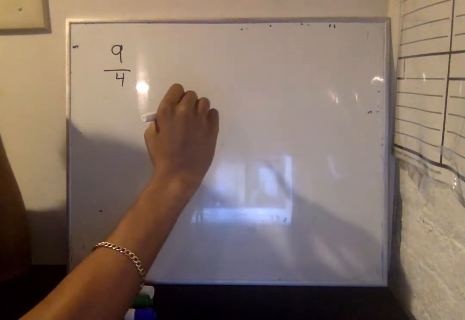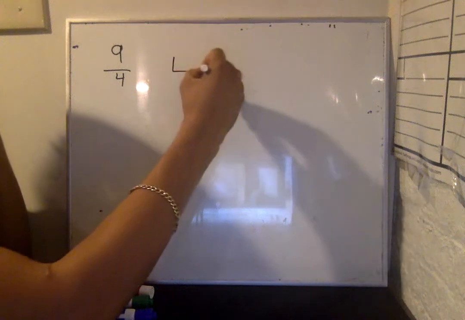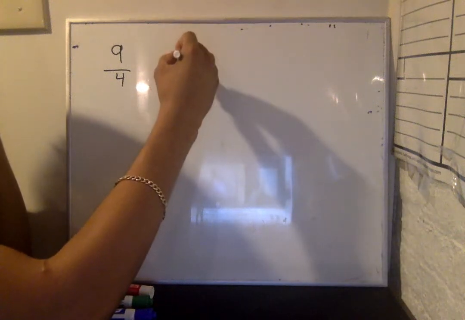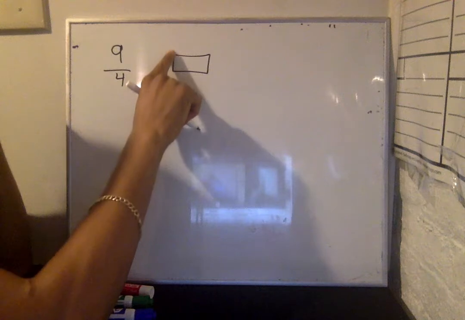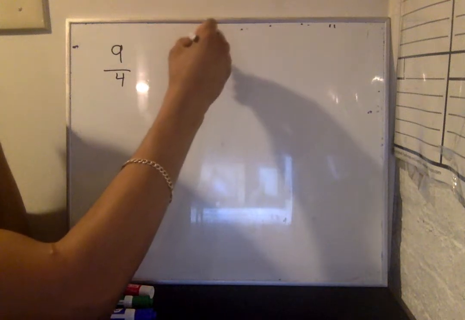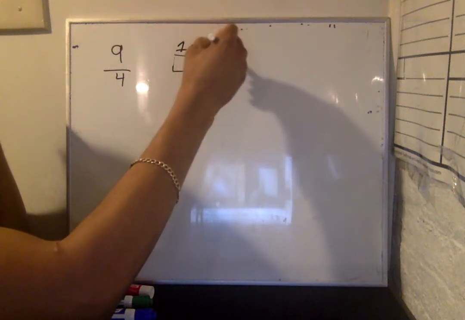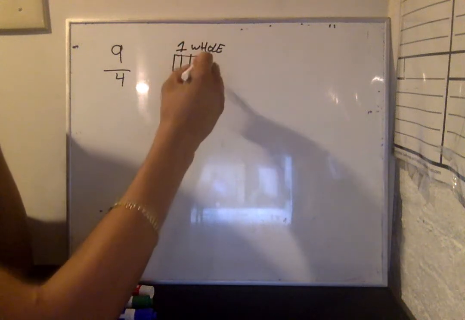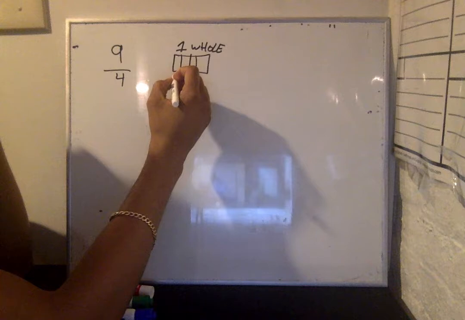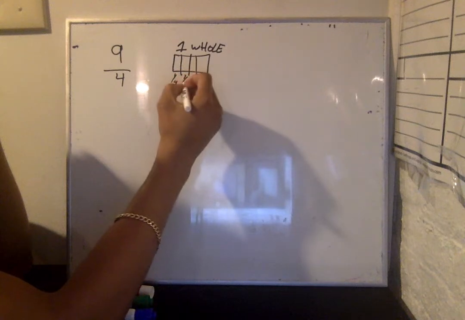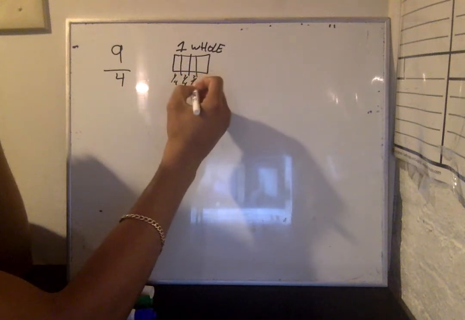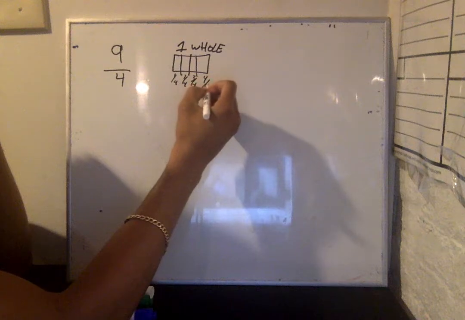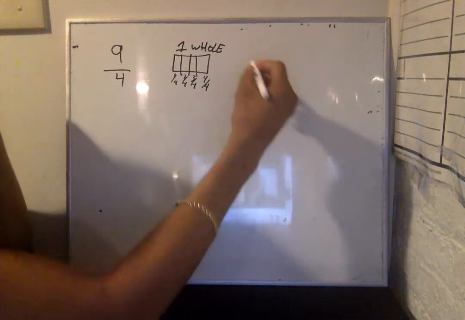First, let me draw it out. I have one whole. And I have to make fourths. I only have 1/4, 2/4, 3/4, and 4/4. I need 9/4.